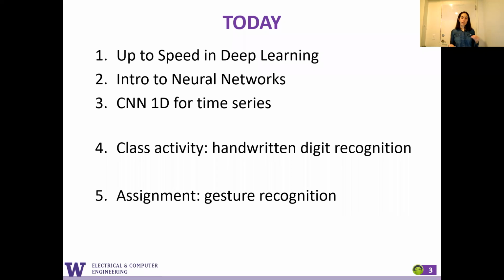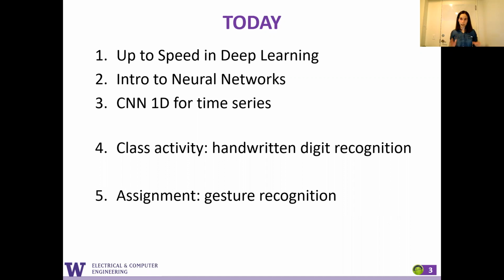If you do this class activity more or less well, it will be very easy to do the assignment, because you already know how to set up the environment and all of those things. The assignment is to develop an Android app to recognize some gestures. I will talk a bit more about the assignment later.